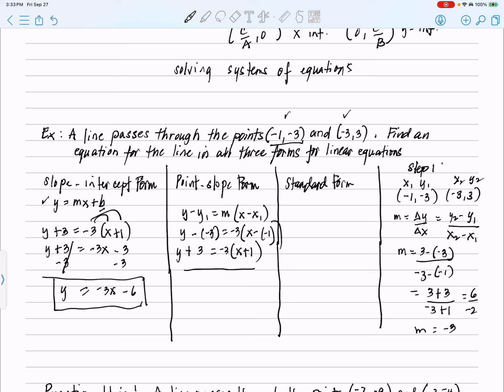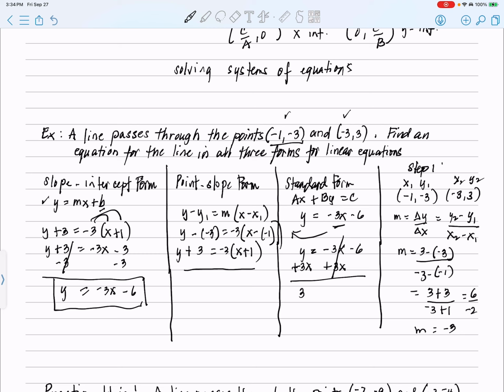From the slope-intercept form, we can use that in order to get the standard form. What is the standard form? That is ax plus by equals c. So that means this negative 3x right here should be moved to the left side. By doing that, I will add 3x on both sides.